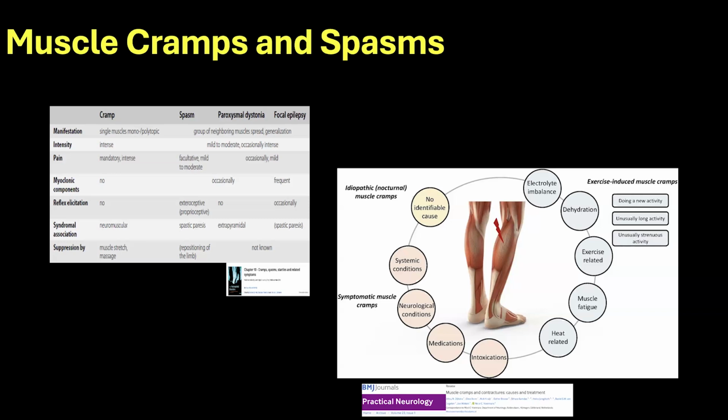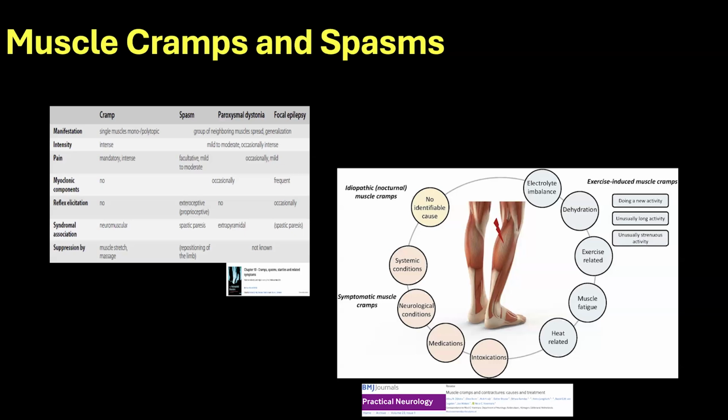And when we're thinking about what the causes of these are, on the right-hand side here, there's a number of causes of cramps. Lots of people throughout the world have cramps. So 30–40% of people who don't have an inherited neuropathy also have cramps.